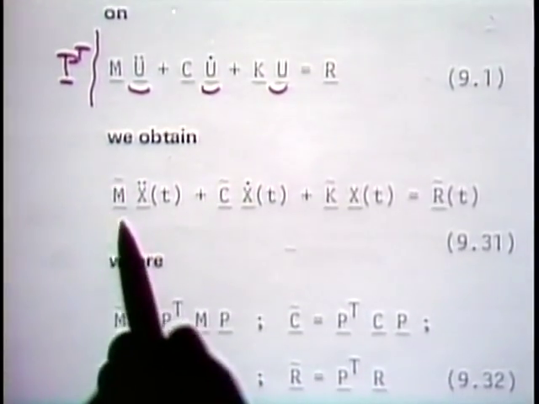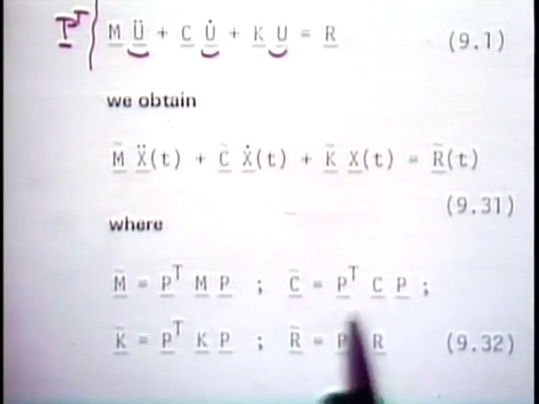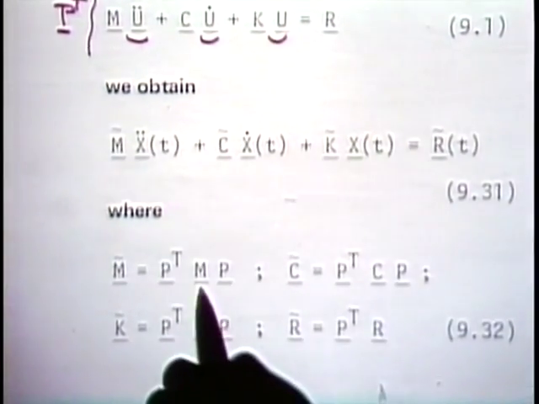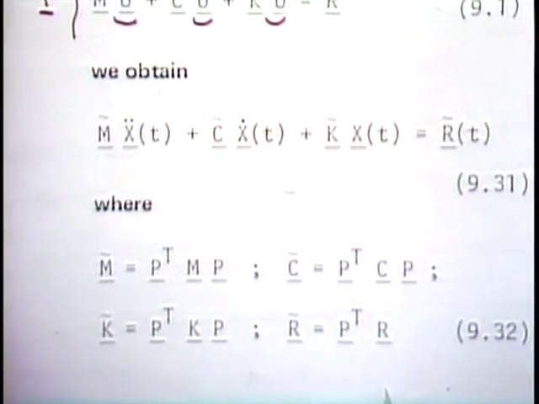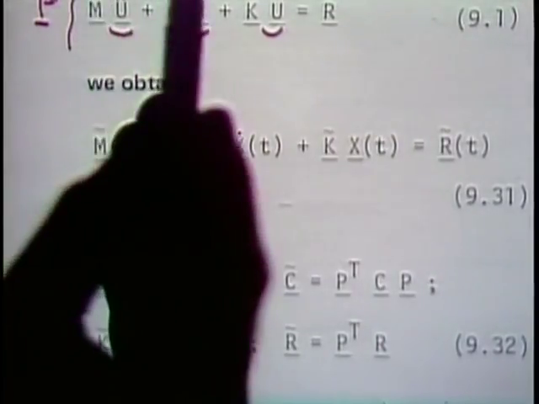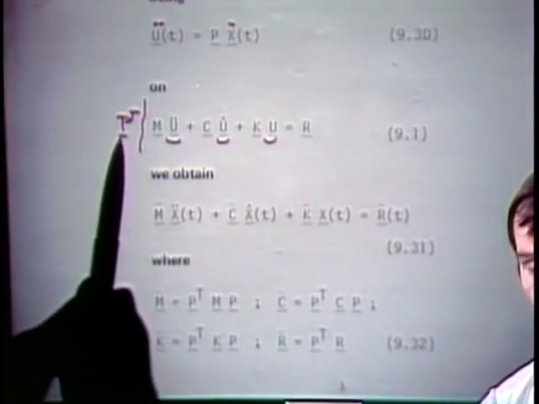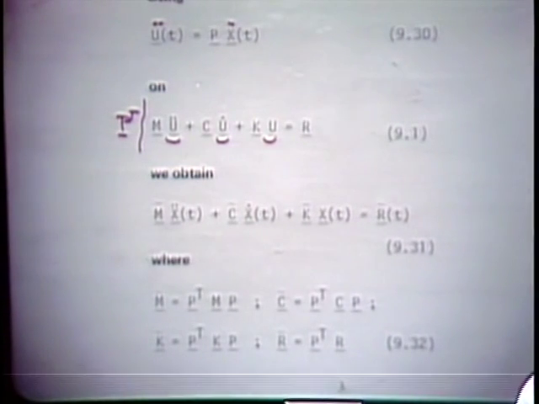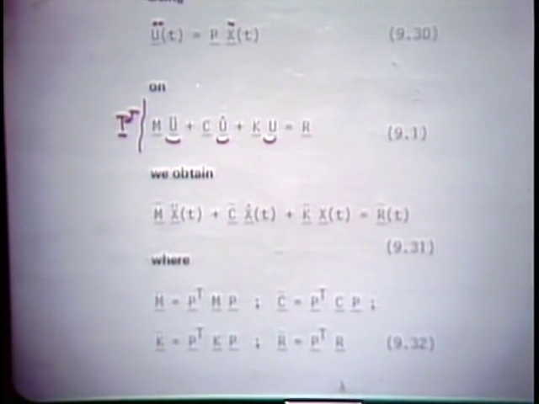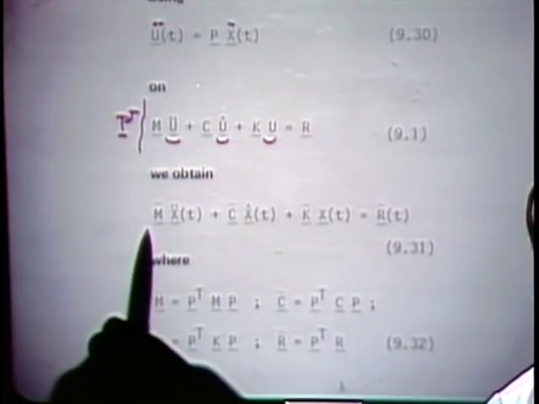Notice that the M curl, C curl, and K curl are given as shown here. And they involve, of course, the M, C, and K matrices. And this P here comes via this substitution into these vectors. This P transpose comes from that P transposed here. Now, what have we been doing so far? Basically, what we have been doing is we have changed bases.